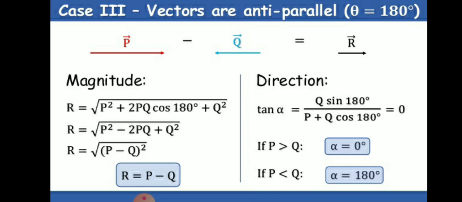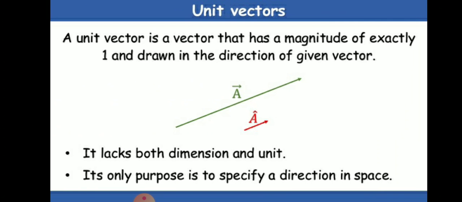Therefore, the entire term becomes 0. If P is greater than Q, alpha is equal to 0 degrees. If P is less than Q, alpha is equal to 180 degrees. So these are the special cases for the magnitude and direction of the resultant of two vectors.